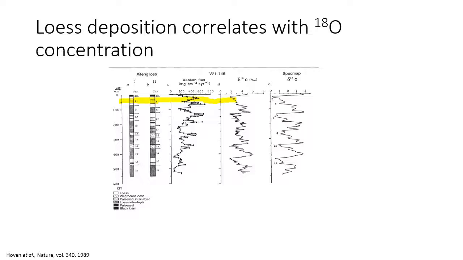You can remember that high oxygen 18 concentration indicates a lot of permanent ice formation. And then you can also see down here during paleosol formation we have much lower flux, and a much lower concentration of oxygen 18, which indicates that there's less ice.